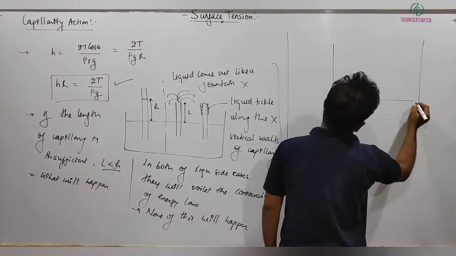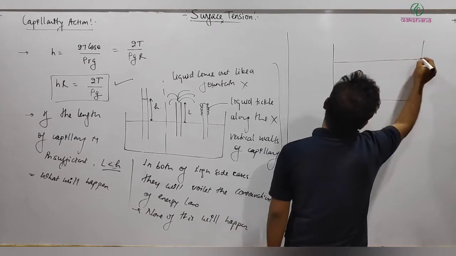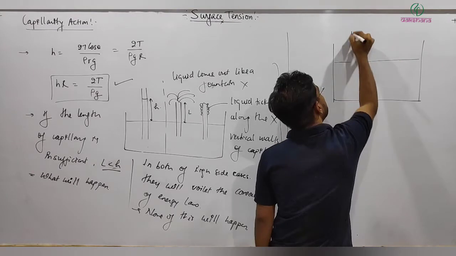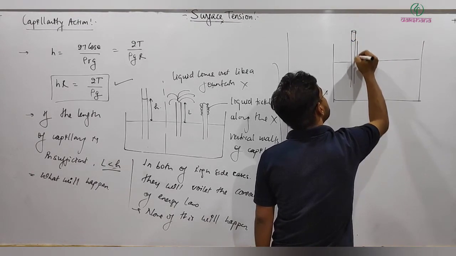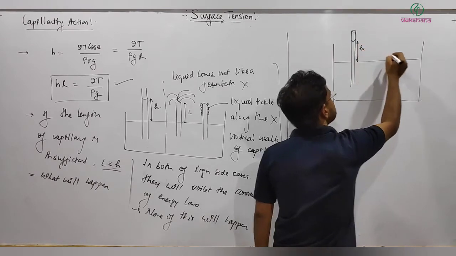So in this situation, what actually happens when the capillary tube length is insufficient, like this? The liquid rises up to here, height h.